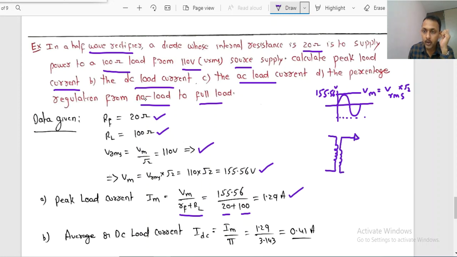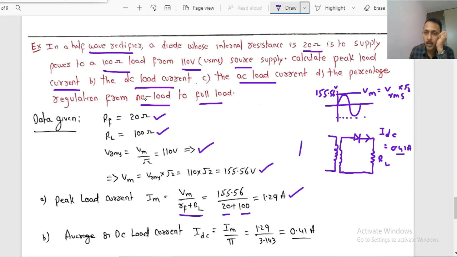If you are having a diode like this, and this is the load resistor RL, now the current flowing through the diode is IM. The value of IM is 1.29, but the DC value IDC will be how much? IDC is IM by pi, 0.41. 0.41 amps is the IDC value.